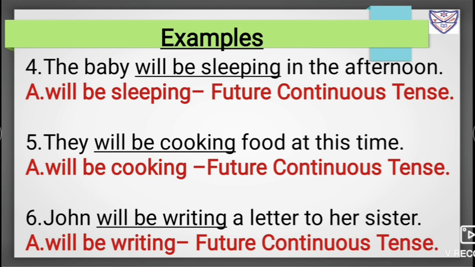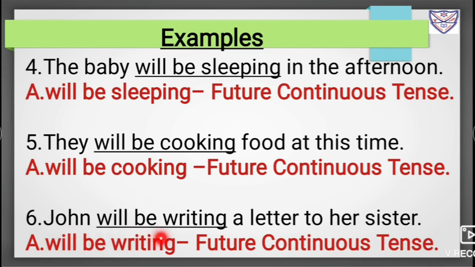Number 6, John will be writing a letter to her sister. Now over here John is a subject. After John, which is a subject, we have a helping verb, and that helping verb is will be. After helping verb we have verb plus ing form, that is write plus ing will become writing.